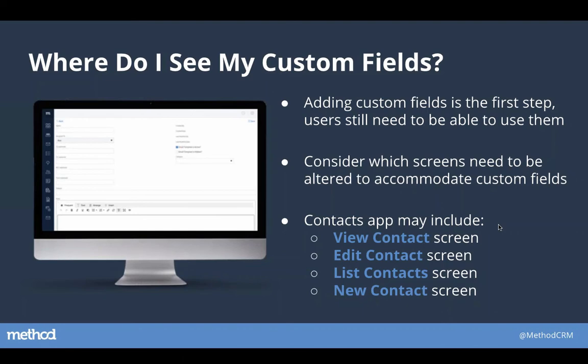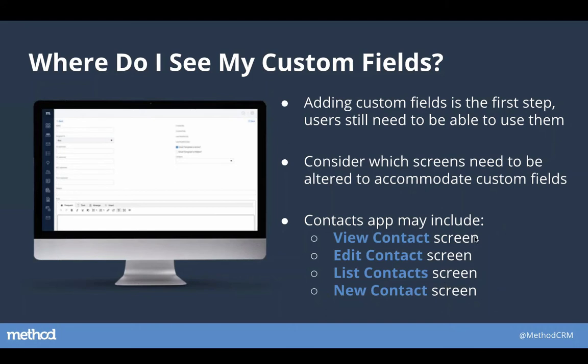It's managing your interactions and relationships with your contacts. In this app, we're going to focus on several screens: the view contact screen, a screen to edit the contact, a screen that shows the contacts list, and if we wanted to go a step further, the screen where we can add a new contact.